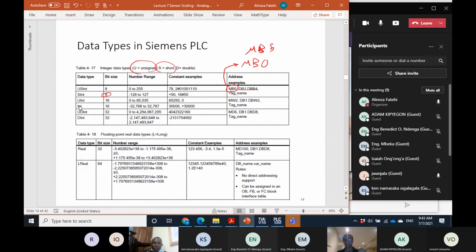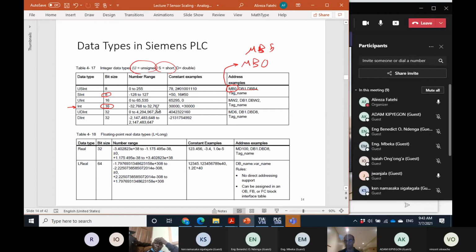The typical integer that we use generally is this one, integer. An integer is represented by a word instead of a byte. If it is a signed integer, it can represent any value between minus 32,768 and 32,767.